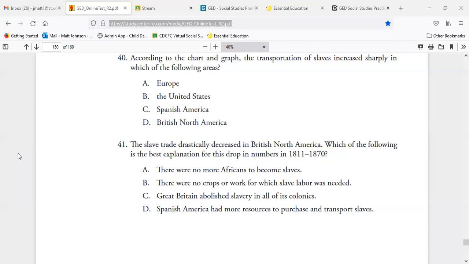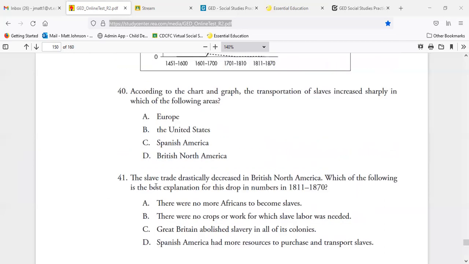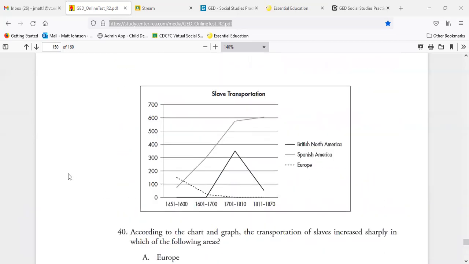Nautica, are you there? Can I look at the information map again? Yeah. So there's a graph, right? So as it states in the question, we see a dramatic increase and just as dramatic a drop in British North America slave transportation, right?